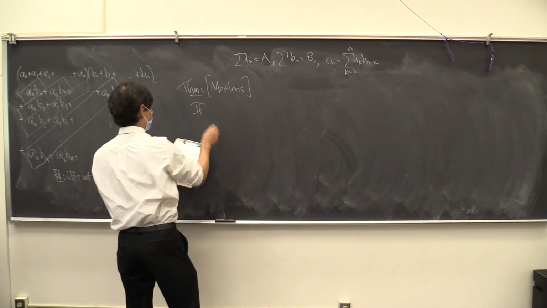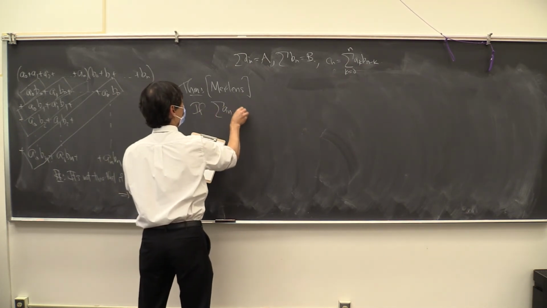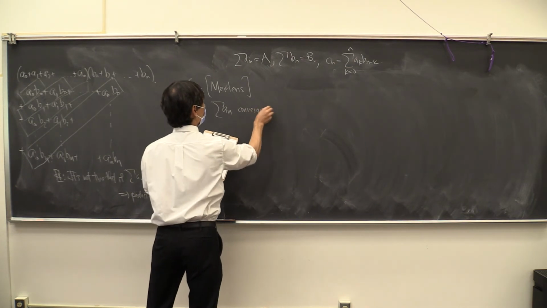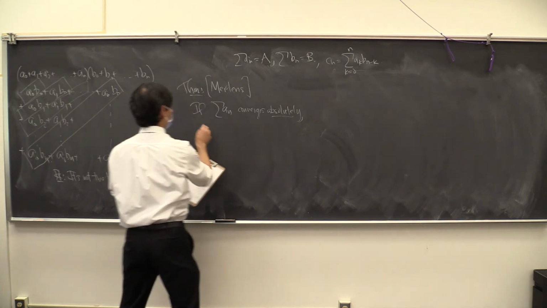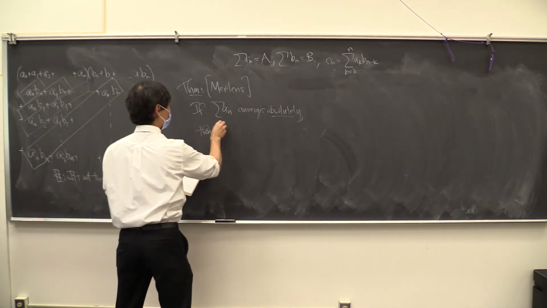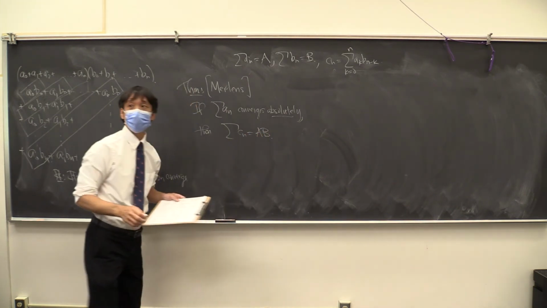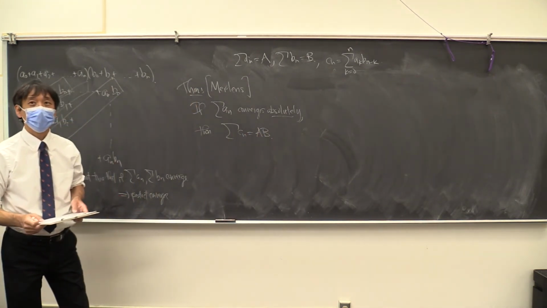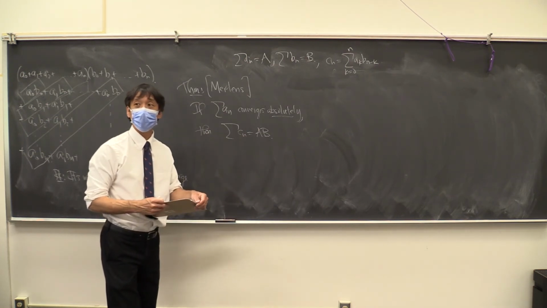Then here's the theorem: if one of these converges absolutely, then the sum of the c sub n actually is the product. Then the Cauchy product actually is the product of the limits.